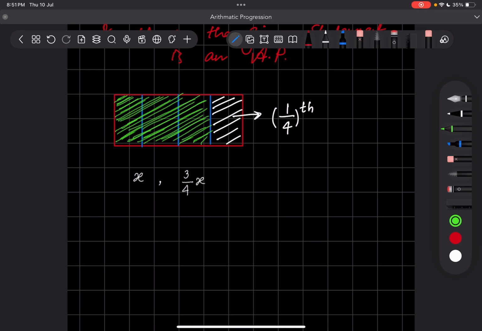We will get 3 by 4x minus 1 by 4th times 3 by 4x.